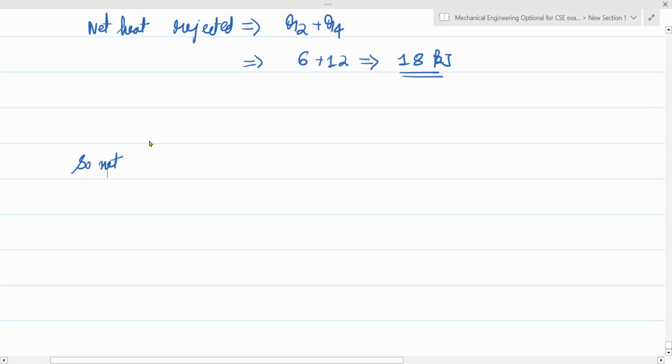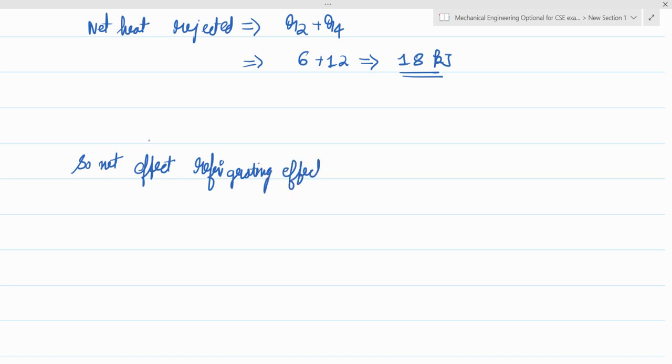So net refrigerating effect, we have to find the temperature, is 16 kilojoules. So net refrigerating effect is equal to 16 kilojoules according to question 4.